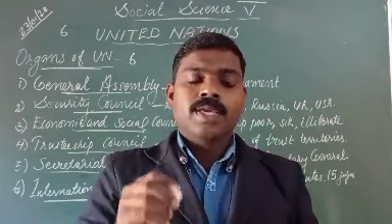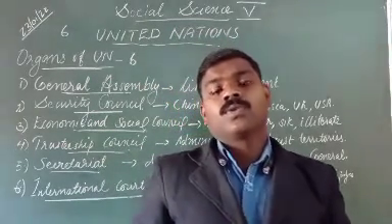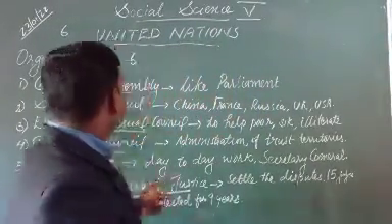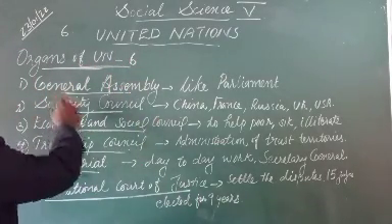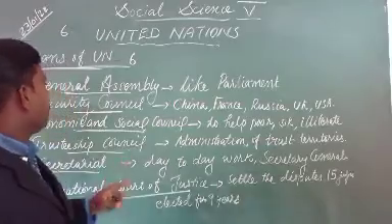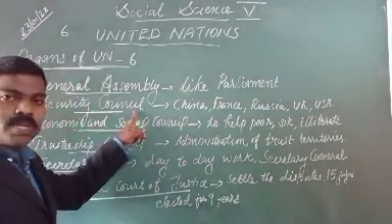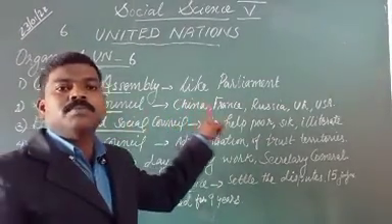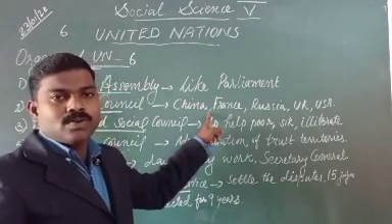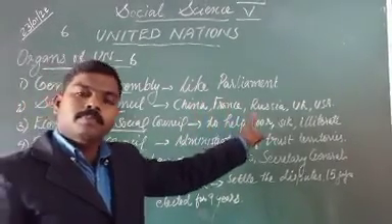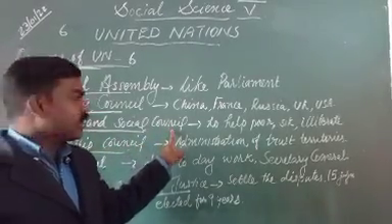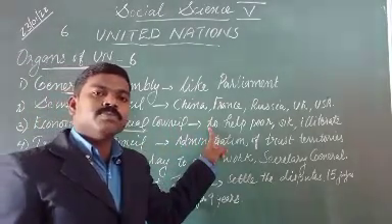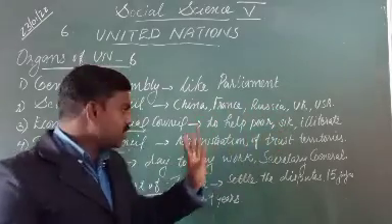These are the 6 organs of the United Nations organization. First one, the General Assembly. It is like our Parliament. Security Council: there are 15 members, out of which 5 are permanent members. Then the Economic and Social Council, whose responsibility is to help poor, sick and illiterate people.